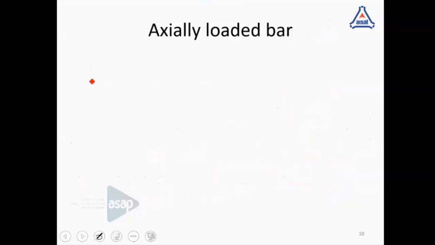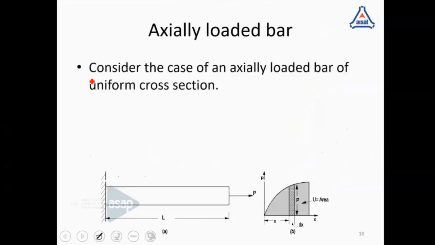Now we will take a simple example of an axially loaded bar. The diagram is shown here. A bar of length L is fixed at one end, and a load P is applied at the free end along the axial direction. And this load deflection diagram can be represented like this. The deflection or deformation is shown along the x-axis and load is shown along the y-axis.